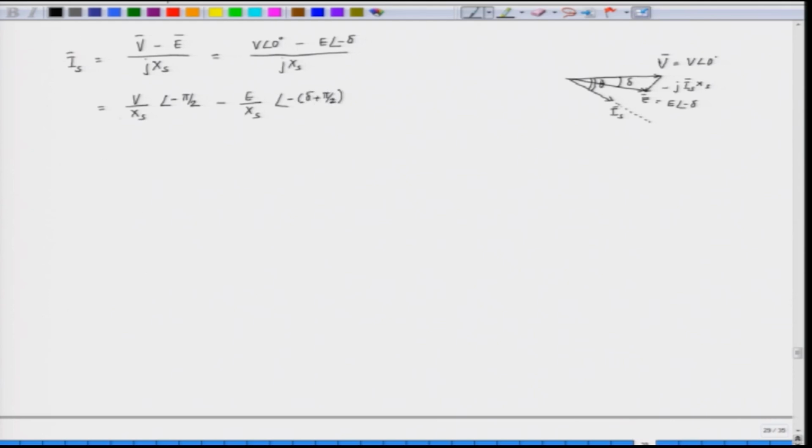Now, here we have a real part and an imaginary part. This equation is a complex equation. Our reference phasor is this.